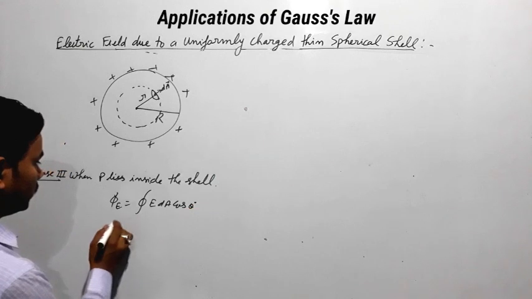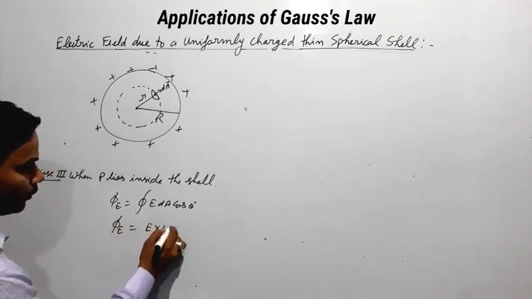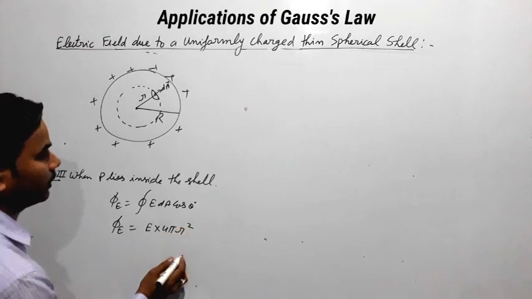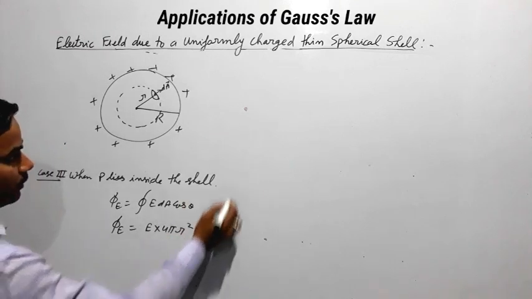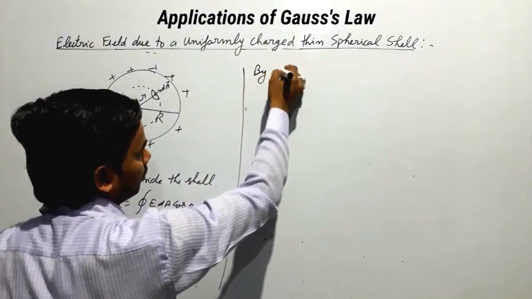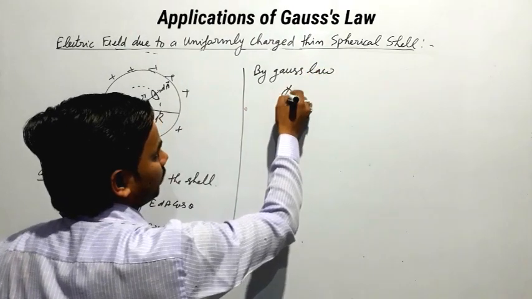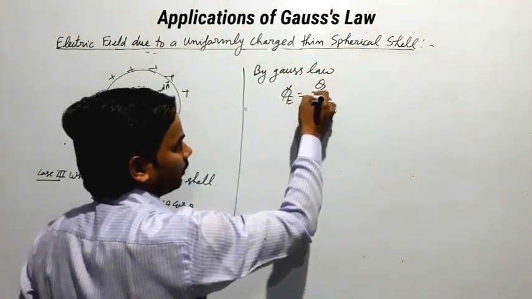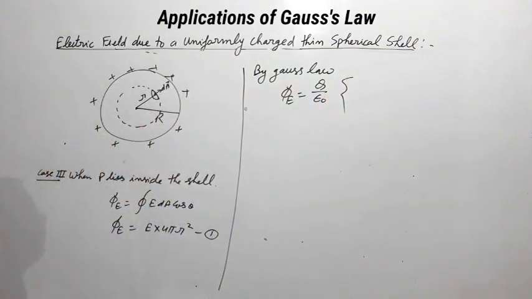Okay, and this value will be E into 4 pi small r square. Okay, so this is equation 1. Now by the Gauss law, phi E equals q upon epsilon naught, but for this case q is 0.